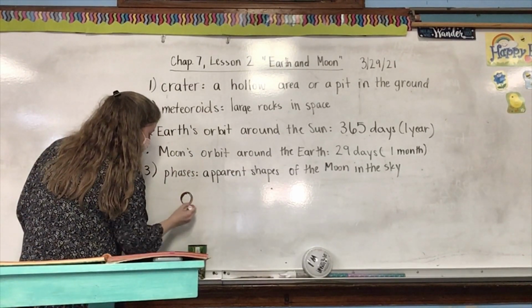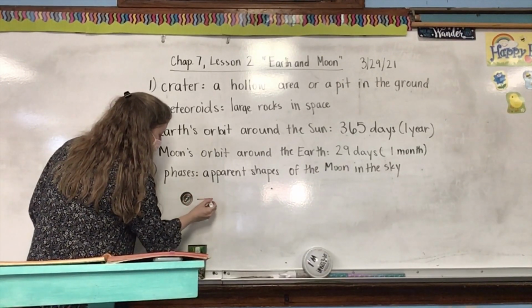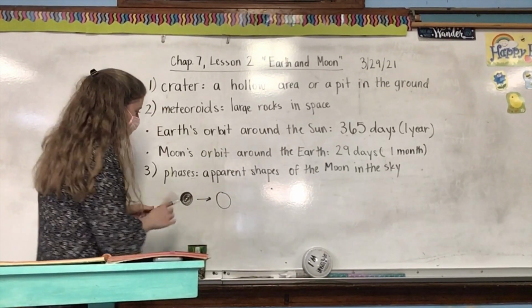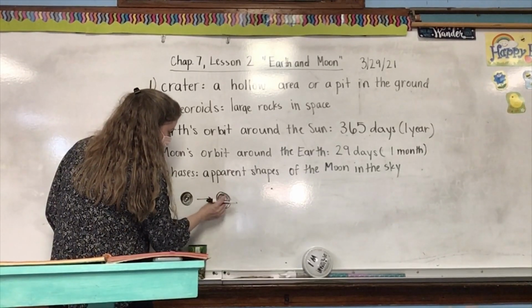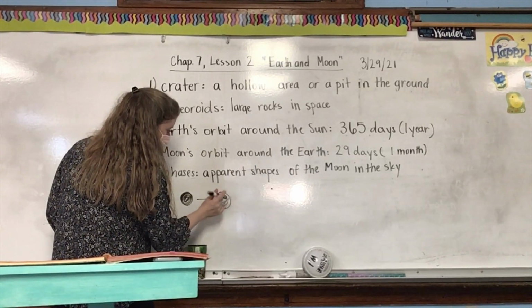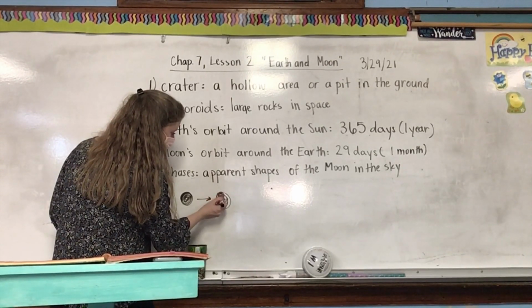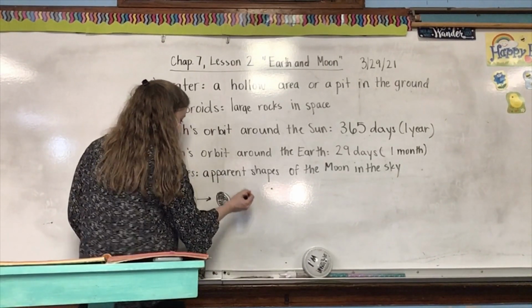you can draw this picture, the new moon. First, we have the waxing crescent, which means most of it is dark, but a little bit of the lighted is starting to be seen.